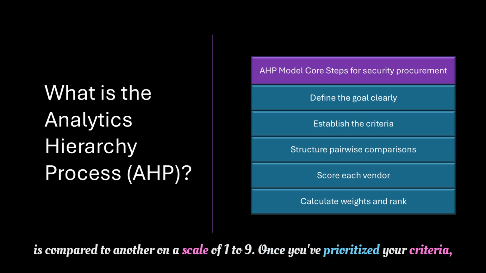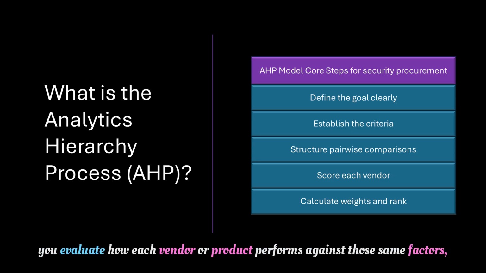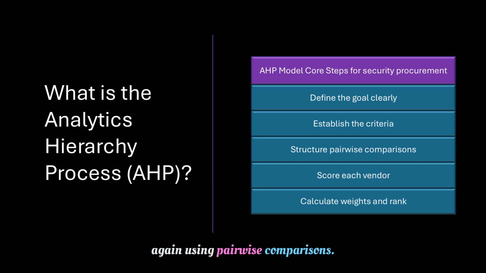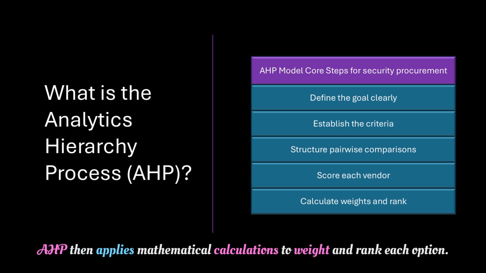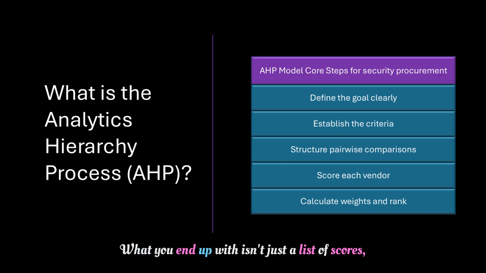Once you've prioritized your criteria, you evaluate how each vendor or product performs against those same factors, again using pairwise comparisons. AHP then applies mathematical calculations to weight and rank each option. What you end up with isn't just a list of scores. It's a well-reasoned, traceable decision that reflects your organization's priorities.